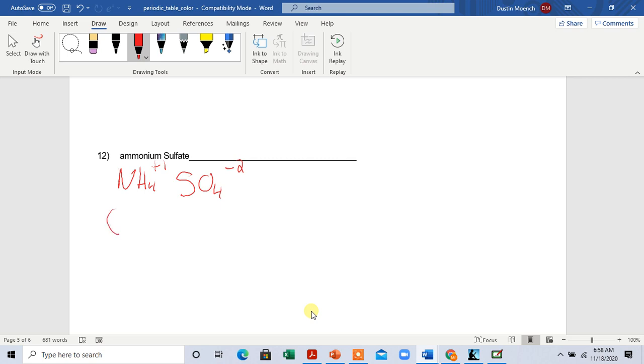So I'm going to put NH4 in parentheses and then add another NH4, 2. So that becomes 2 of them, and each one is +1, so that's +2. SO4 is a -2. Now these balance out, so I can write my final formula without the charges, NH4, little 2, SO4, ammonium sulfate, and that's it.